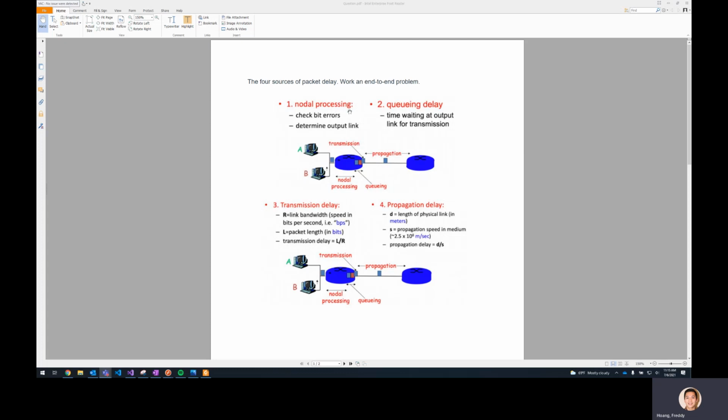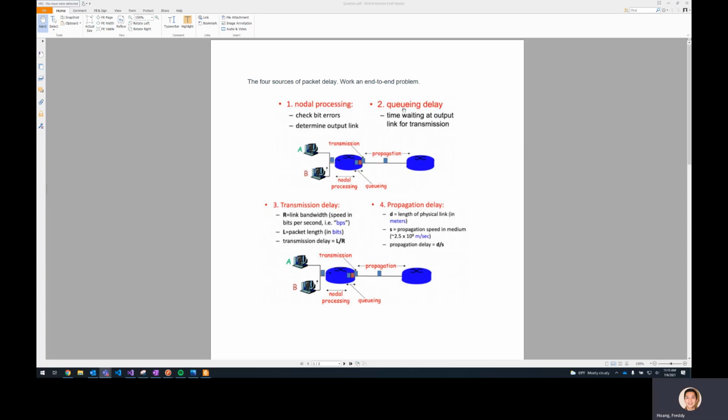So first of all, we have nodal processing delay, which is essentially just a packet getting checked for any bit errors, and it's the delay for how long it takes to process a packet through some type of device, like in this case, maybe a router.